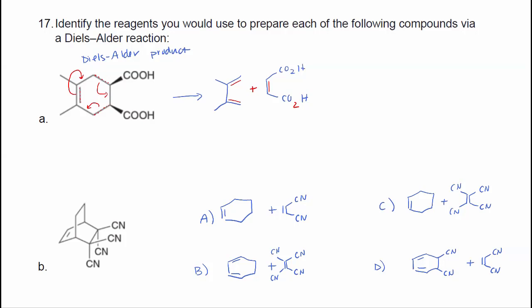All right, let's take a look at the arrows on this one. So the new bonds that are usually made are here and here and there. So I'm going to draw the arrows backwards. This one goes to there. This one goes to here. I'm also going to draw this in the flat version.